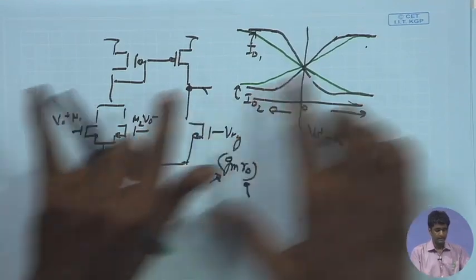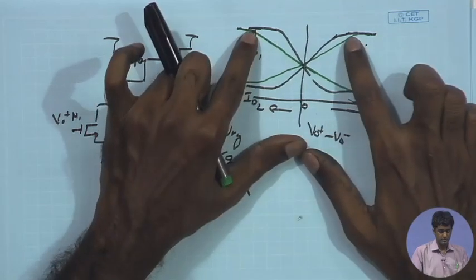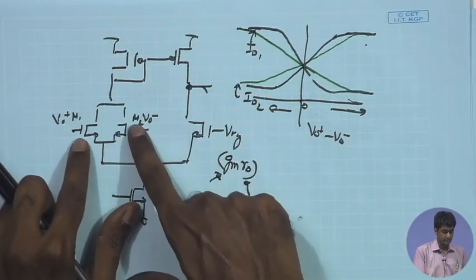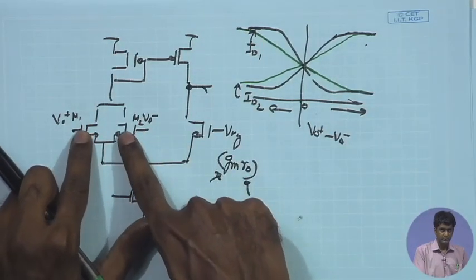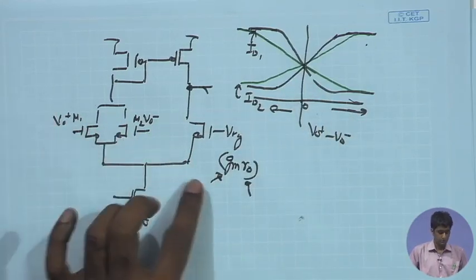We would like to go for a larger input handling capacity, and that can be achieved by significantly reducing the GM. That can be achieved in two ways: either you reduce the W by L or you reduce the bias current.